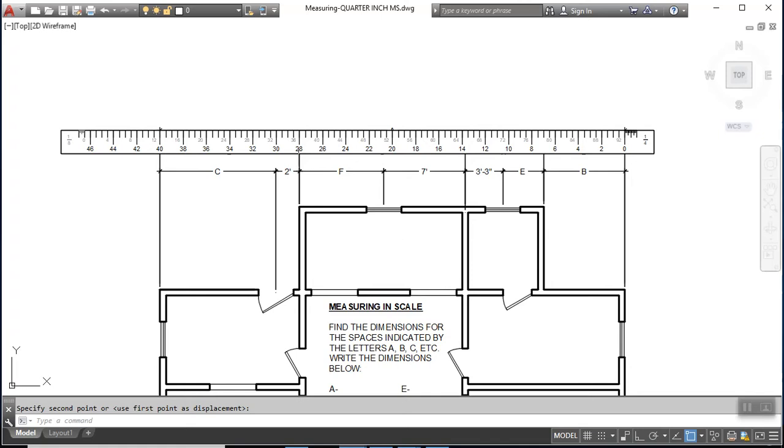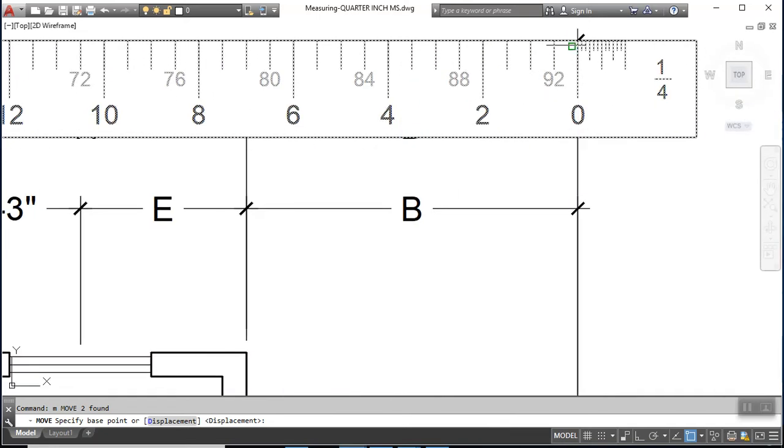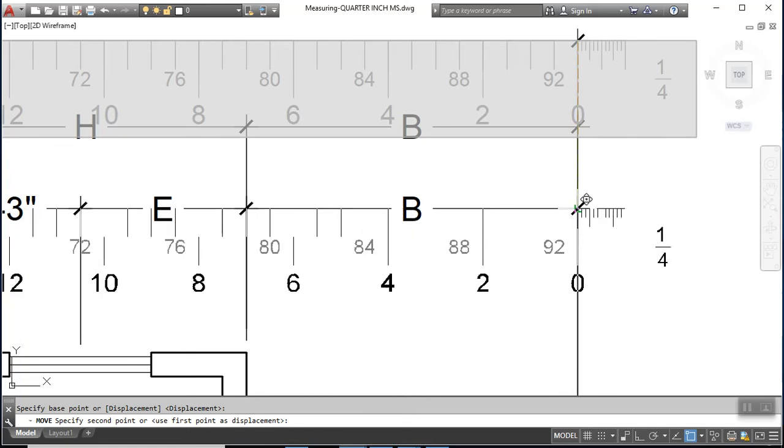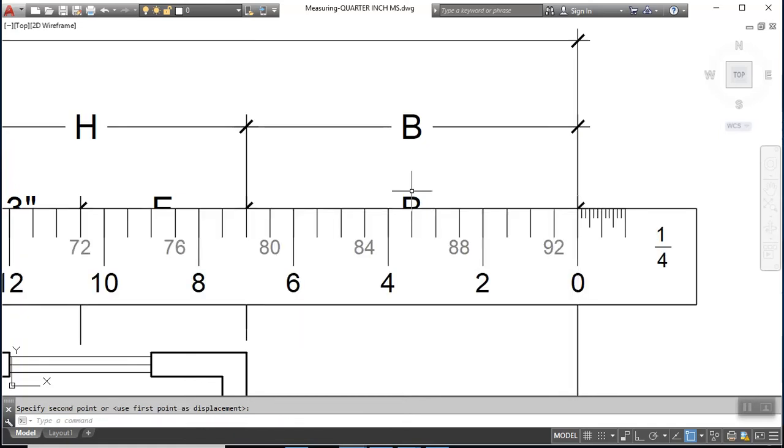Okay, so did you get that also? If you did, super. Let's scooch it down to B. Let's see what B is going to be. We'll pick up our scale, we'll stick it on 0, we'll line up 0 with the B, and then what are we looking at for feet here? 2, 4, 6, there's 8. So looks like B measures out at 7 feet.